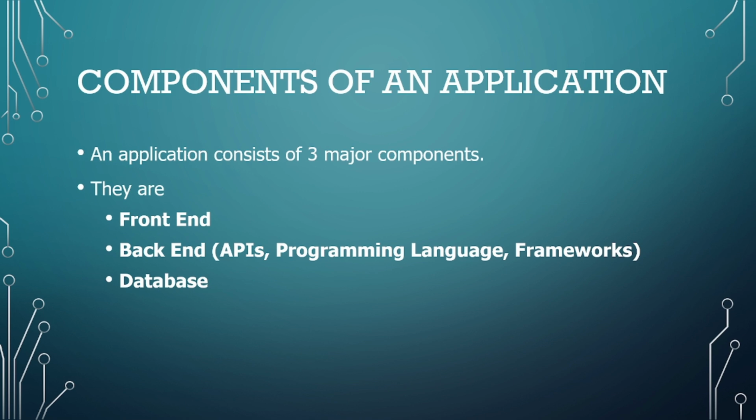In the next slides, we'll discuss what is meant by each of them. Let me give you a quick overview of the front-end. A front-end is a medium where the customer or user interacts with the application. This is also known as the user interface. That will be the entry point for your web application.